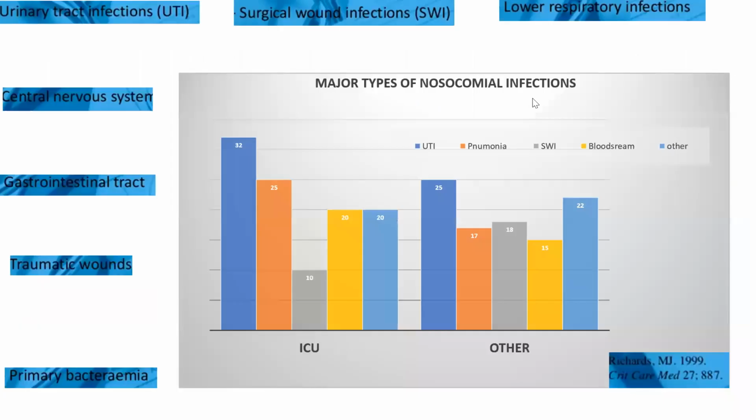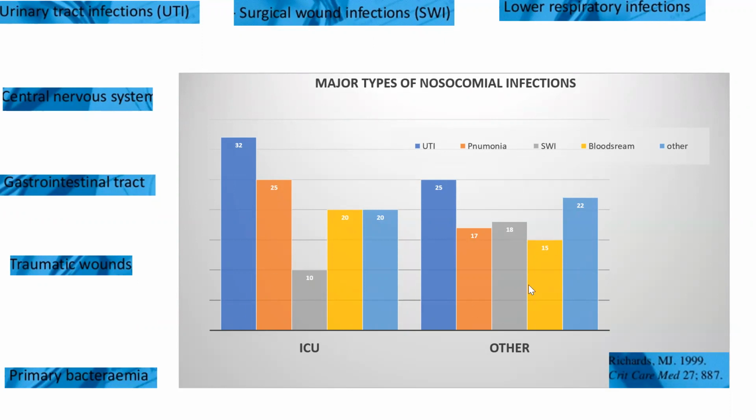So the major types of nosocomial infections are UTI, that is urinary tract infection, then surgical wound infections, infection in the lower respiratory tract, central nervous system infections, gastrointestinal tract infections, then traumatic wounds causing infection, and primary bacteremia.